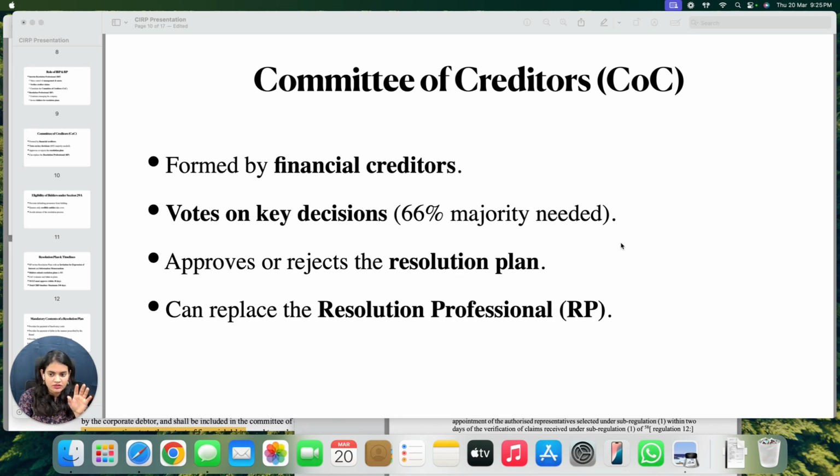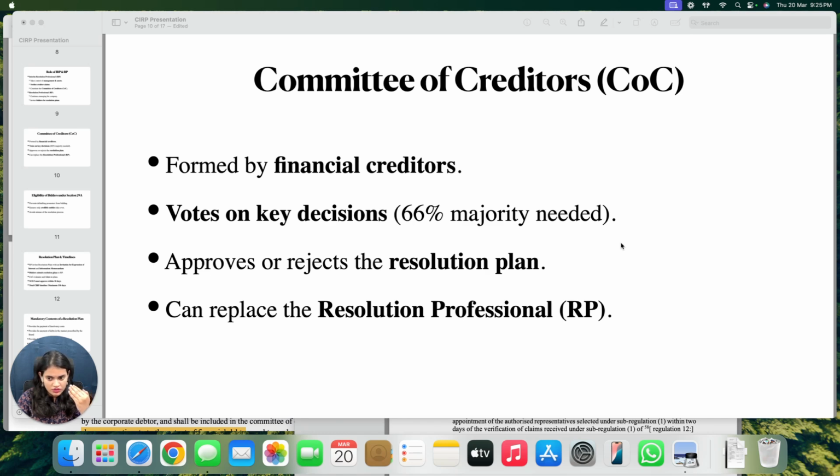If they are not present, the meeting shall be adjourned to the immediate next day, 24 hours from then. Once the attendance has been recorded, the IRP generally proceeds with the agenda.